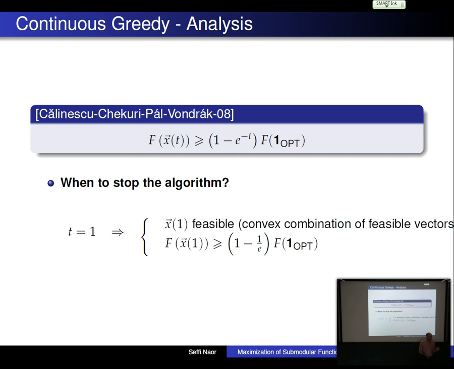So as long as t is less than or equal to 1, we are guaranteed to have a point inside the polytope. So we can safely stop at t equals 1. And by the above theorem, that would give us a 1 minus 1 over e approximation. And this is true for any monotone function.